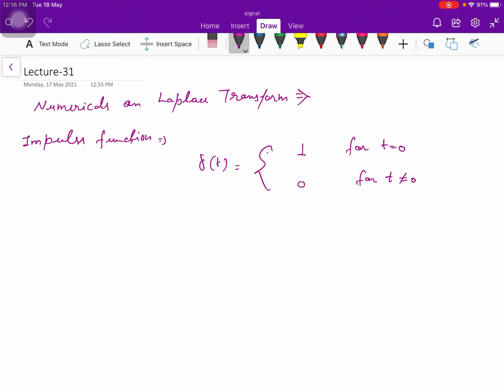Now, if you want to calculate the Laplace transform of delta t, you can represent it as the integral from 0 to infinity of delta t e to the power minus s t dt.